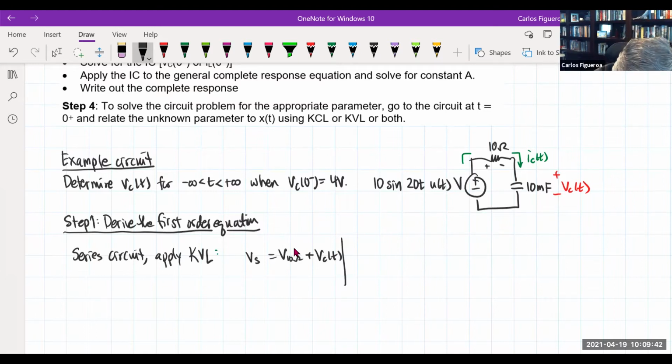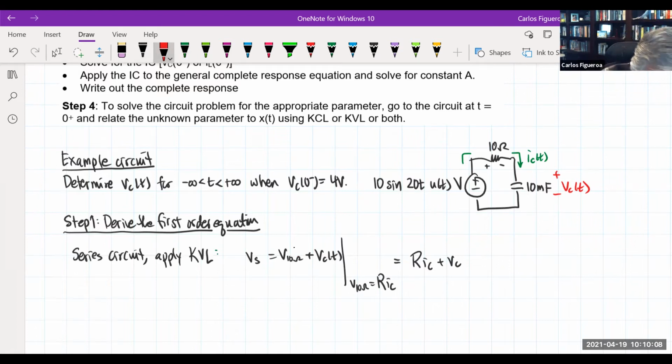Because the resistor is in series with the cap, we could say the voltage across the 10 ohm resistor should be R times the current of the cap. So when I write this down, this has to be R IC plus VC. Check out the equation.